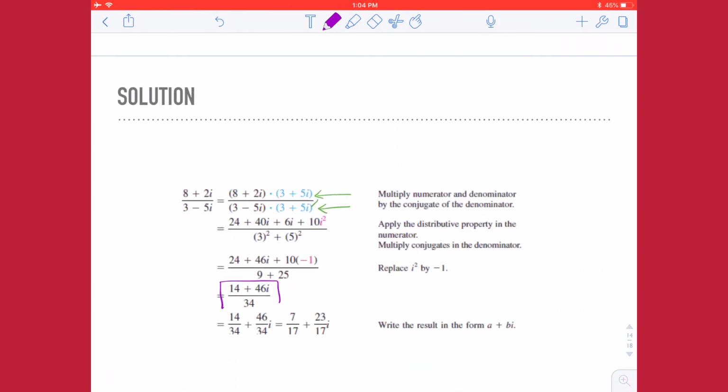So here's where we were. We can actually simplify. These fractions do all go into one another. So you could end with your final simplified value of 7 over 17 plus 23 over 17i. Again, this is also the same thing as 7 plus 23i all over 17. So any of these ways that you want to write this are all equivalent.